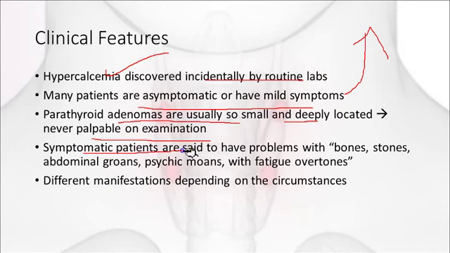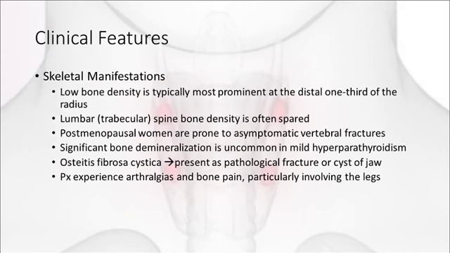Symptomatic patients are said to have problems with their bones, stones, abdominal groans, psychic moans, and fatigue overtones. This is just a nice way of giving you an idea of all the potential symptoms that the patients may have. Different manifestations depend on the different clinical circumstances of the patient.